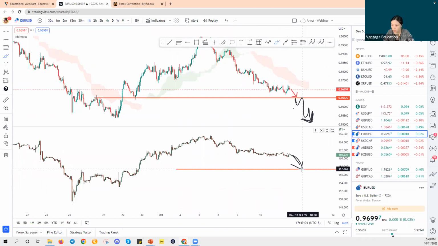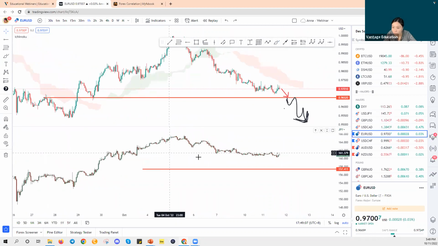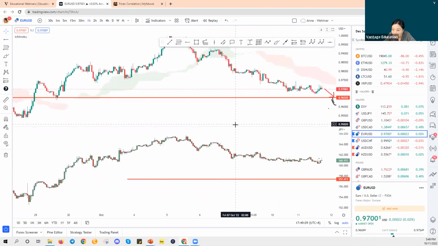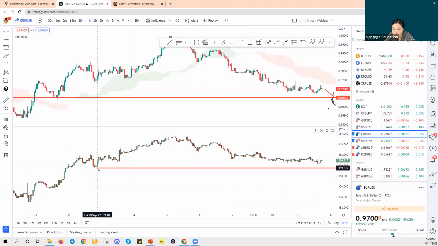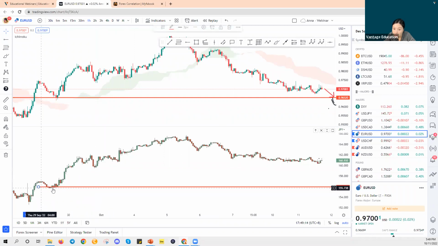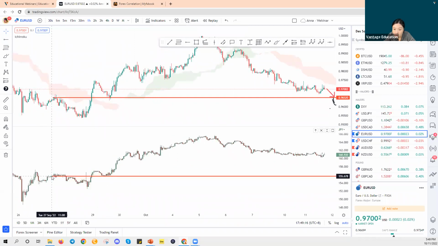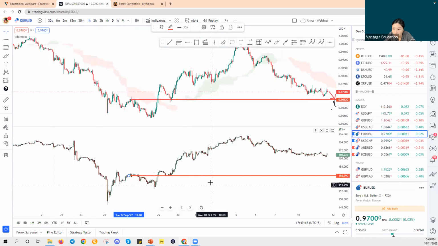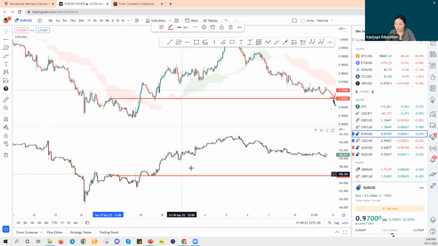So in this instance, we are not looking at this level here because there's clearly no line to break out, but we will be looking at maybe this level, or maybe this level here, right? So it depends on how you look at the chart, okay?